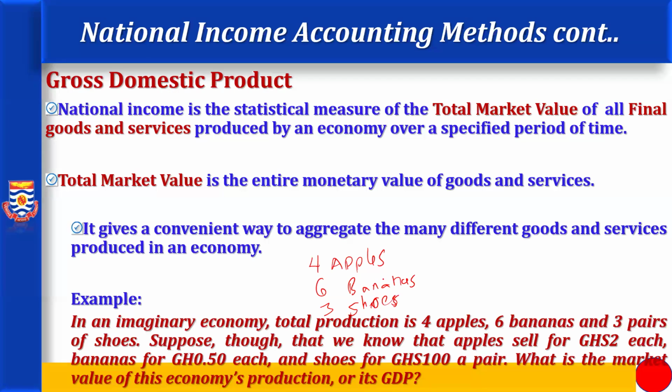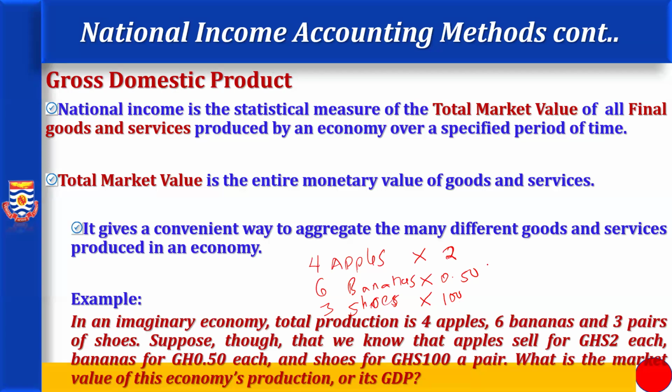Then the question says, suppose that we know that an apple sells for 2 cedis. So 4 apples at 2 cedis each. And then a banana sells for 50 pesewas. So 6 bananas at 50 pesewas each. And then shoes sell for 100 cedis, so 3 pairs of shoes at 100 cedis.